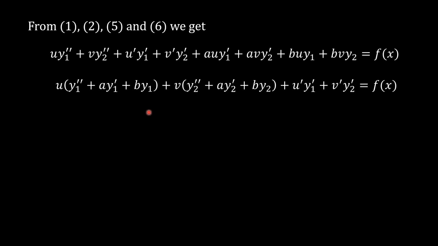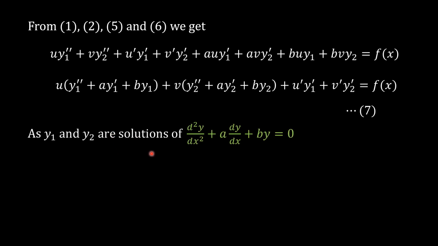Now if we observe the first two terms, as we have considered in yc, our yc is c1 y1 plus c2 y2. Therefore, these y1 and y2 are solutions of the homogeneous differential equation y double dash plus a into y dash plus b y equal to 0.